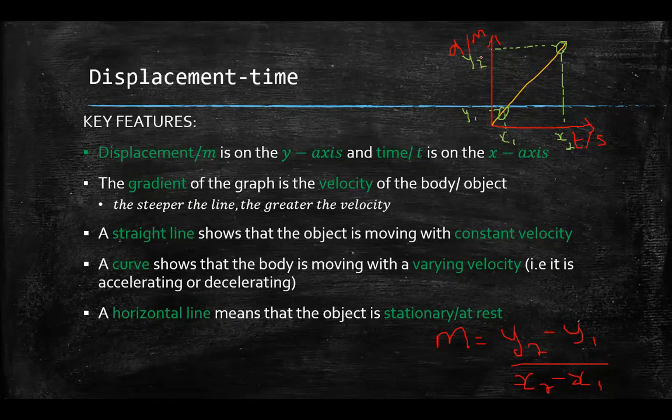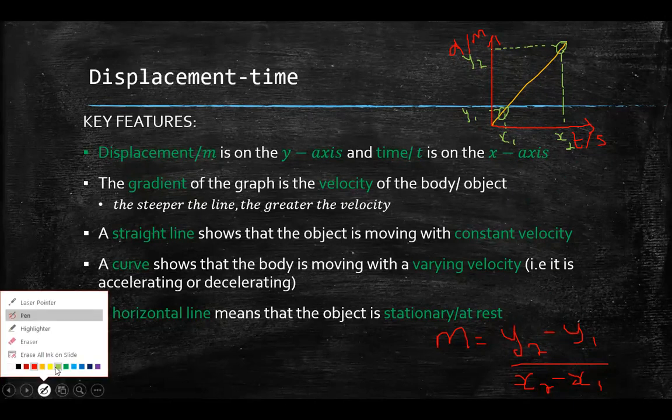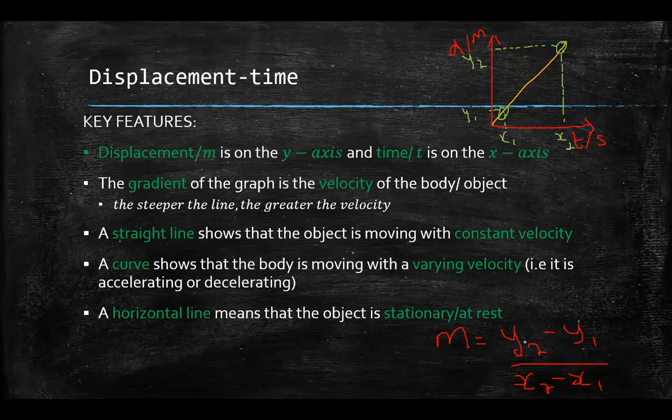Notice from this graph, I said the y-axis represents the displacement, which is in meters. So you see these y values, they would actually be displacement values. So instead of saying y2 minus y1, I know that these values here are values of displacement.